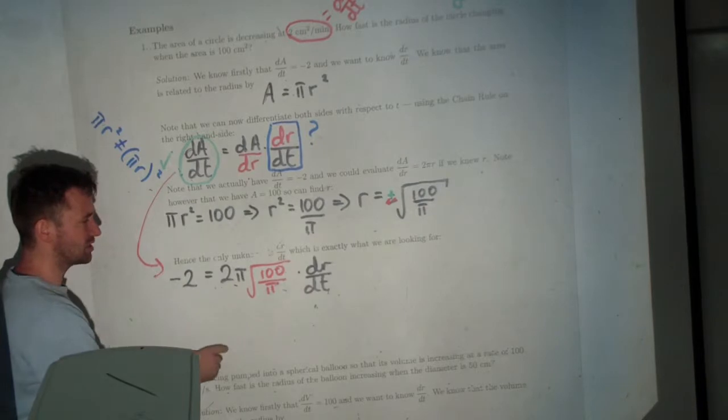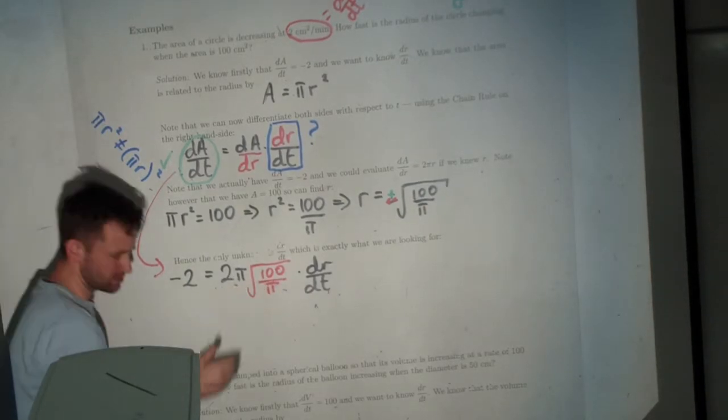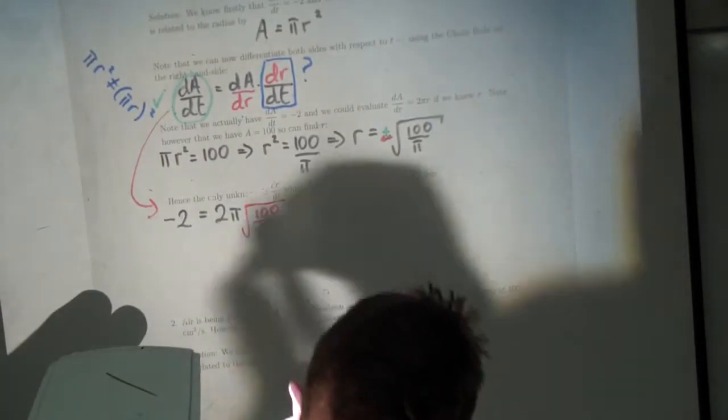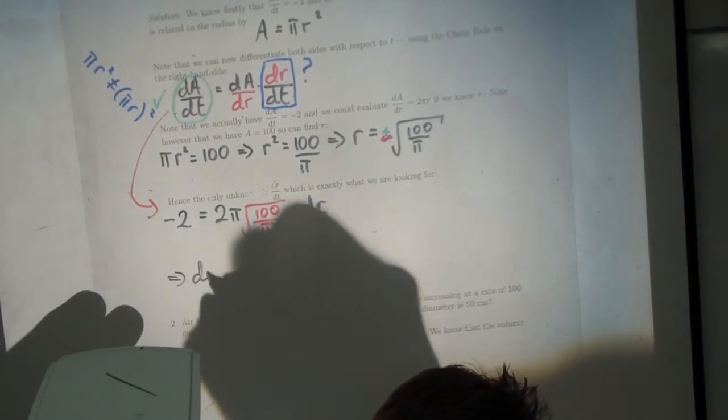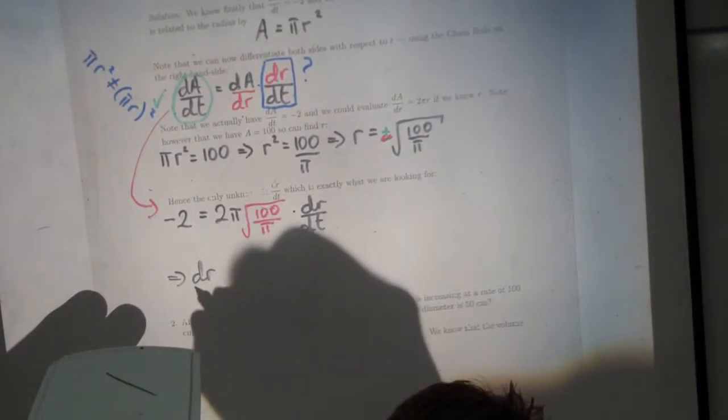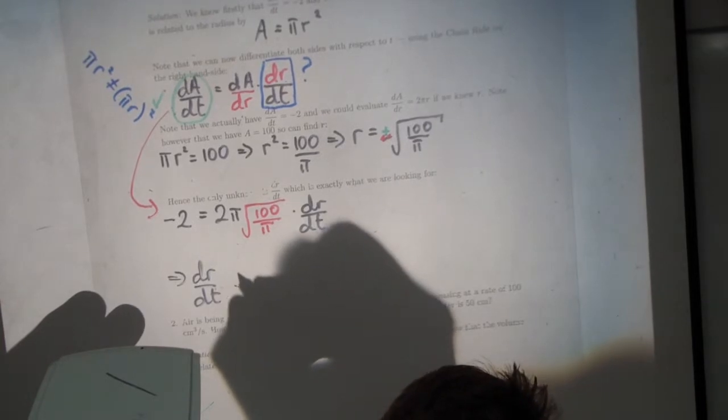I want to get dr/dt on its own, so I just want to get rid of this. How do I get rid of that? You divide both sides, yeah. So I will go into decimals.